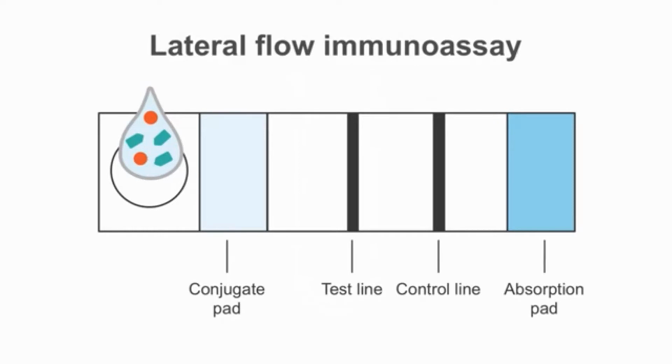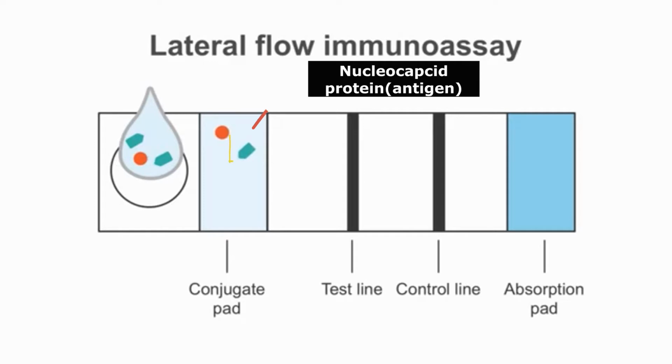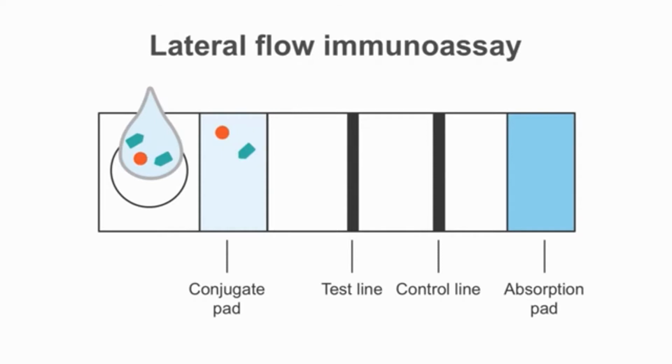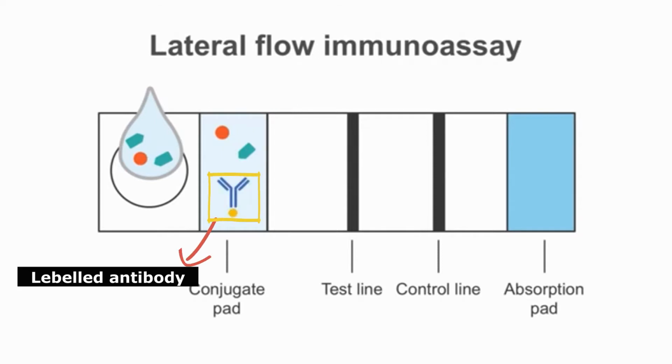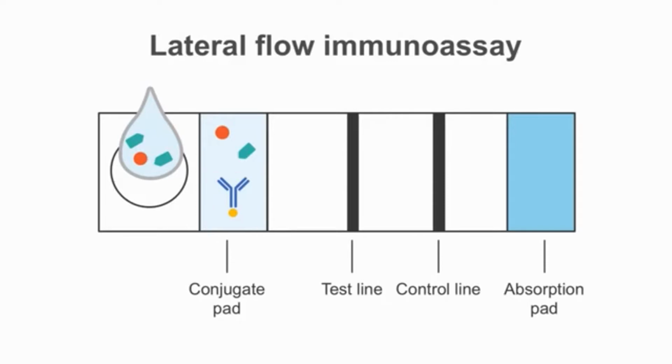The sample is first transported into the section of the strip where the nucleocapsid protein present in the sample is tagged by fluorescence-labeled antibodies. These antibodies, which emit fluorescence radiation, will help us detect the protein in the sample strip.